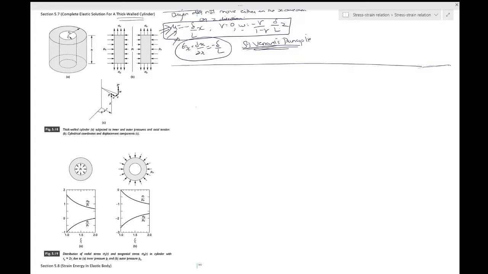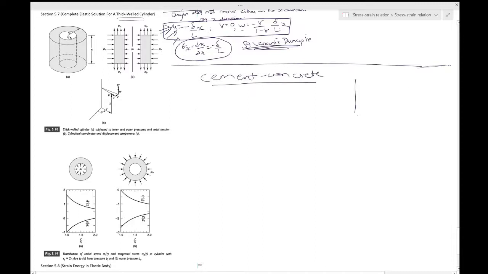So in this section, we consider a further example of an exact solution within the theory of elasticity for a homogeneous isotropic solid. Isotropic you understand very well. Homogeneous means that it is made up of one kind of material throughout, not different kinds of materials. For example, consider a cement concrete mixture.